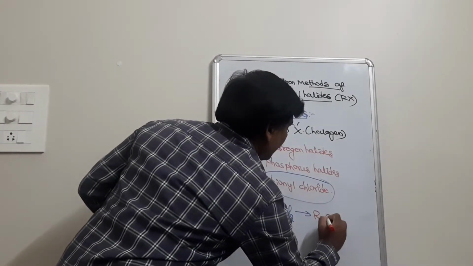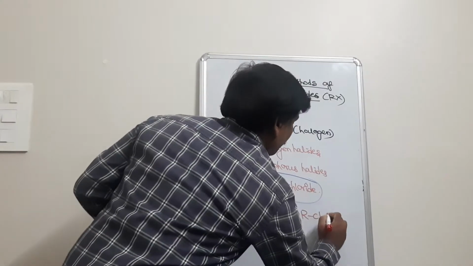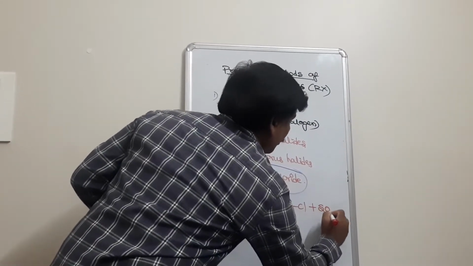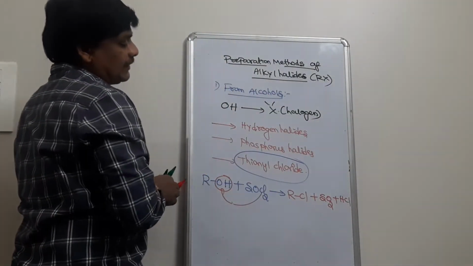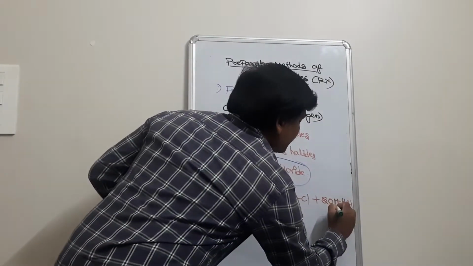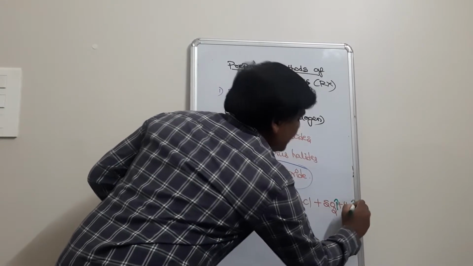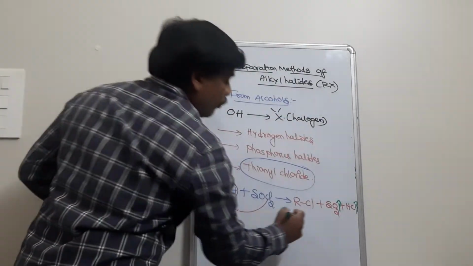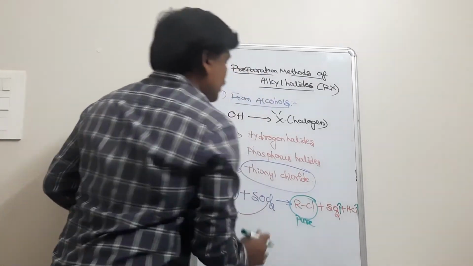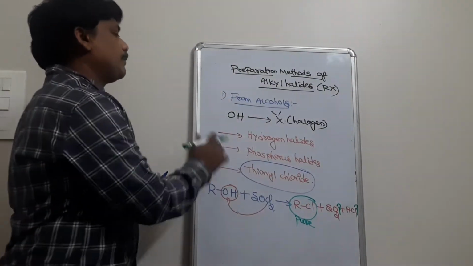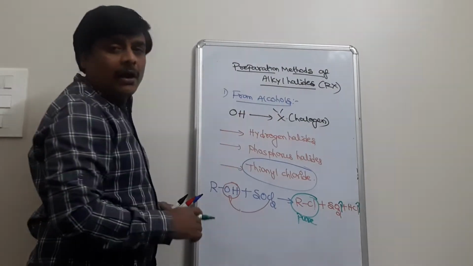So we get RCl plus SO2 plus HCl. SO2 is a gas and HCl is also a gas, so only the pure alkyl halide is obtained. So thionyl chloride is the best preparation method from alcohol.